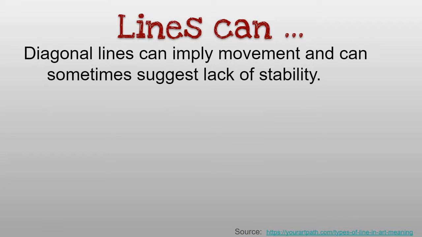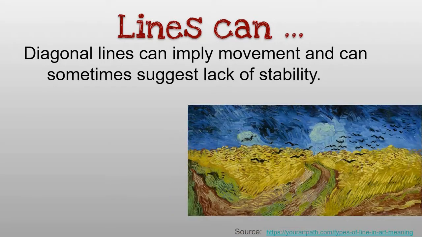Diagonal lines in art can imply movement and can sometimes suggest a lack of stability. In this picture by Van Gogh, you can see how all of his brush strokes are diagonal, and some of them are even kind of zigzag, and it gives the picture a feeling of movement.